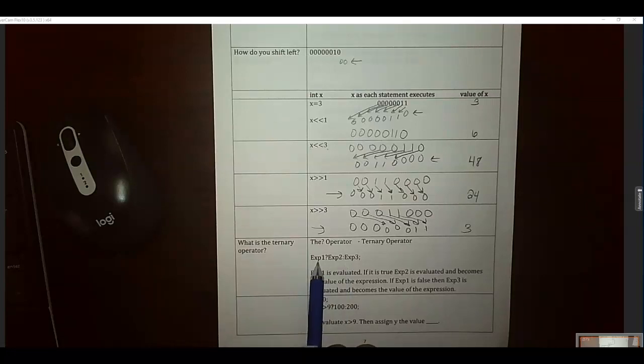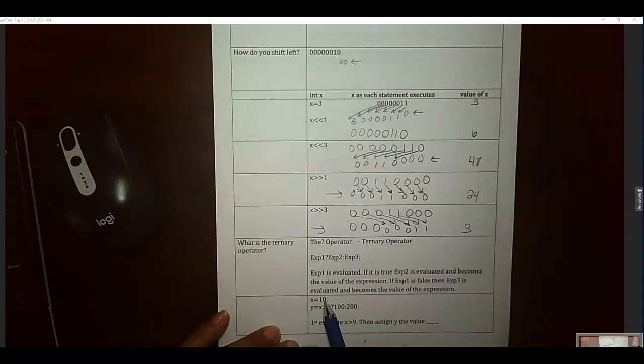So if expression 1 is evaluated and is true, then expression 2 will be evaluated and becomes the value of the expression. However, if expression 1 is evaluated and it's false, then expression 3 will be evaluated and becomes the value of the expression. So let's look at an example.